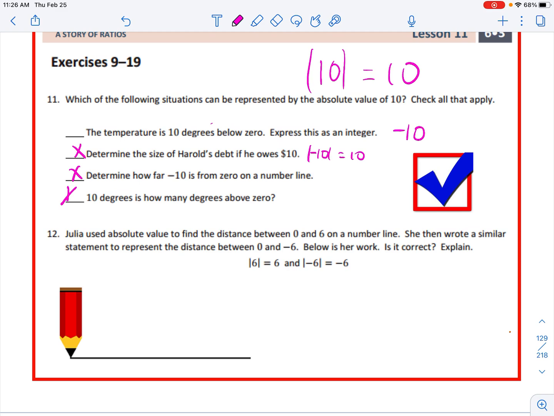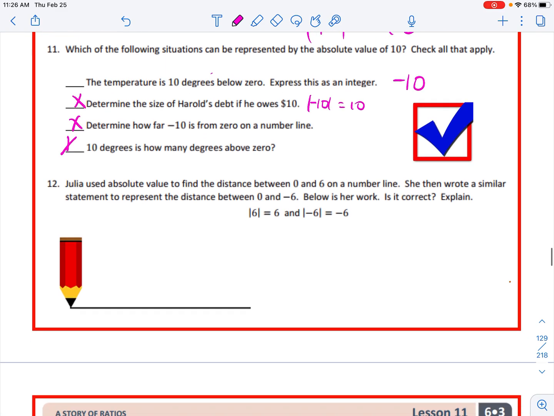Now let's look at number 12. It says Julia used absolute value to find the distance between 0 and 6 on a number line. She then wrote a similar statement to represent the distance between 0 and -6. Below is her work. Is it correct? She wrote the absolute value of 6 equals 6 and the absolute value of -6 equals -6. Is she correct?